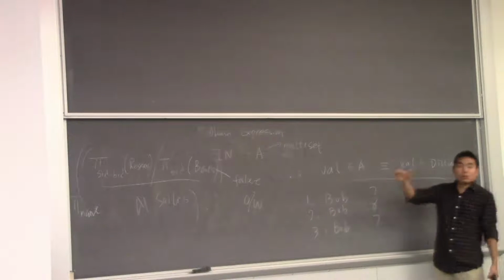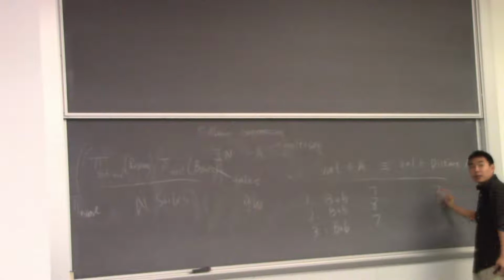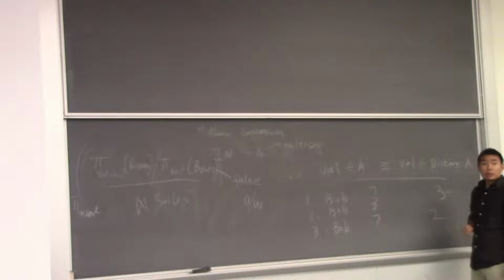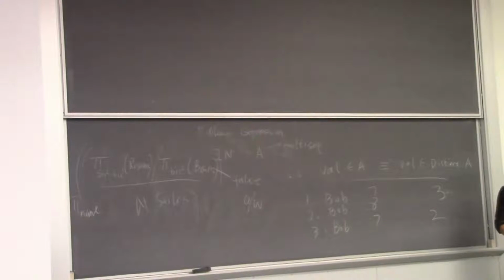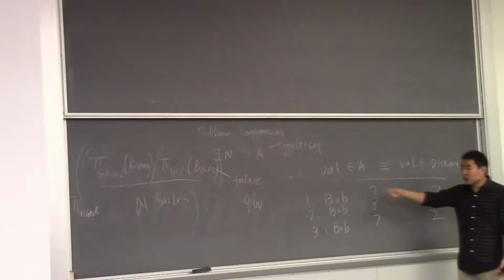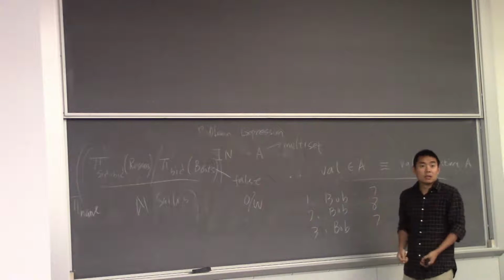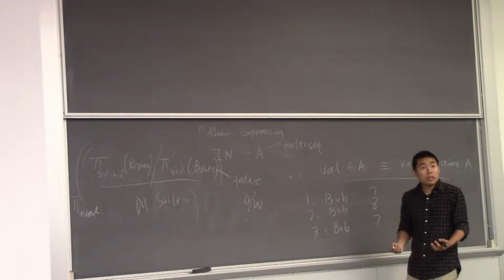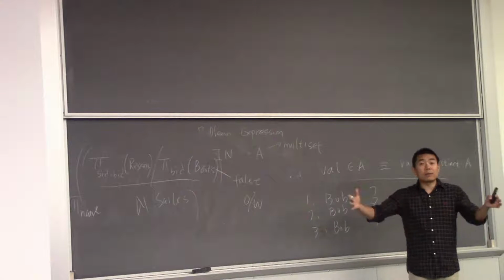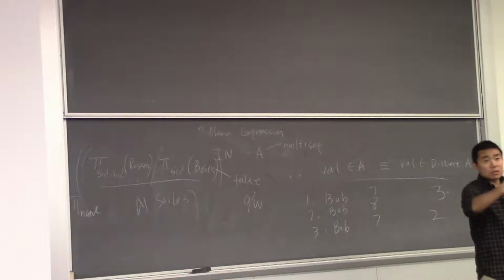So if I do count rating, my answer is 3. Count distinct rating, my answer will be 2. And if you do count ID, it will be 3, count whatever will be 3. You follow me?